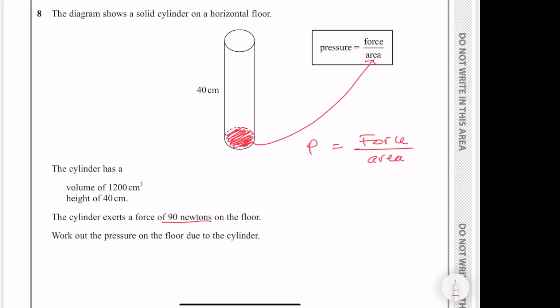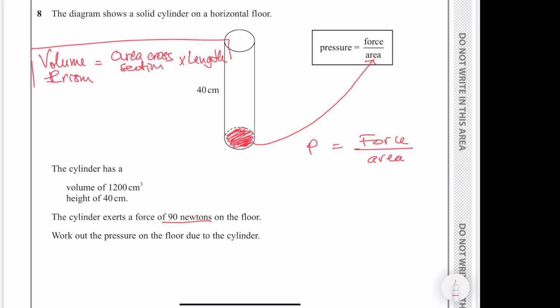To work out the area, we know that the volume is area of cross section times length. This is volume of prism, yeah? And it will be given in the exam, in the data sheet, formula sheet.